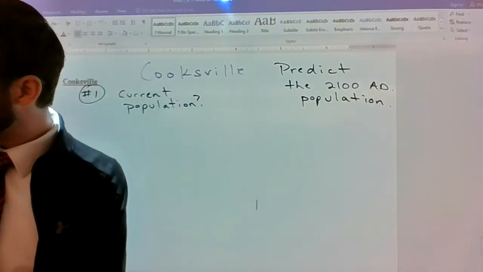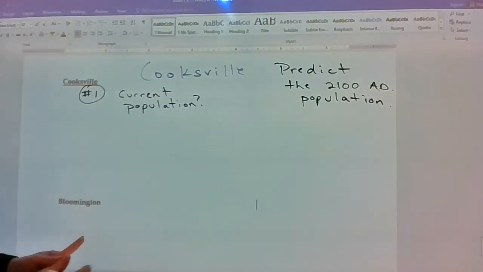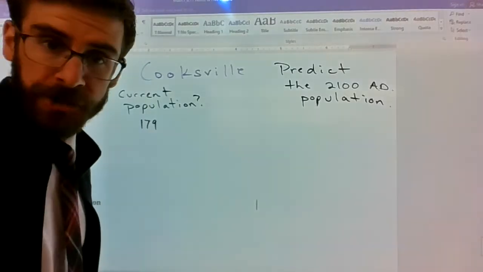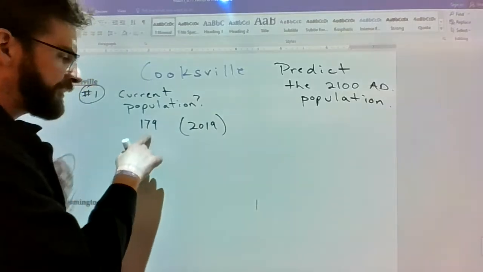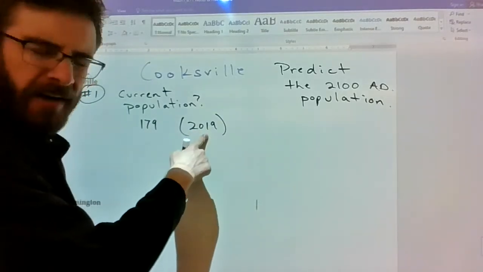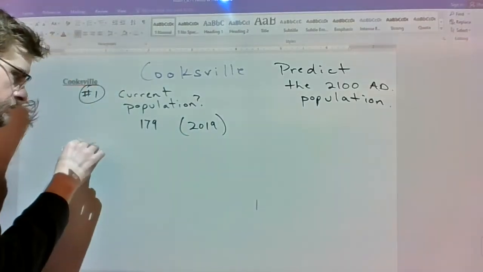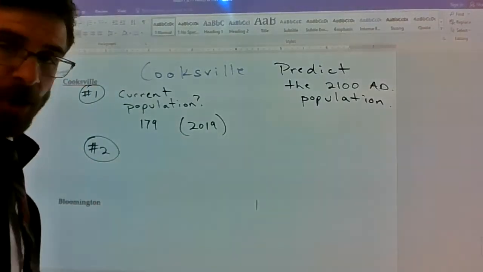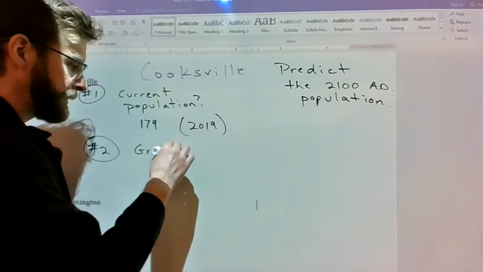I went online and I found a pretty reputable source that told me that there are 179 people documented in Cooksville at around 2019. So it's both important to know what the current population is and what date we're actually using to determine that. Number two, we've got to know what the growth rate is. What's the growth rate of Cooksville's population?